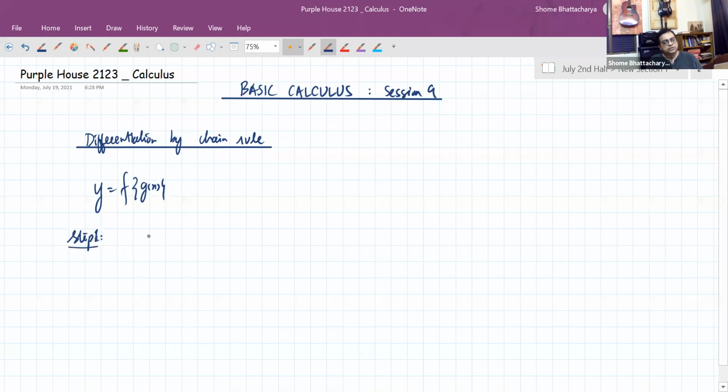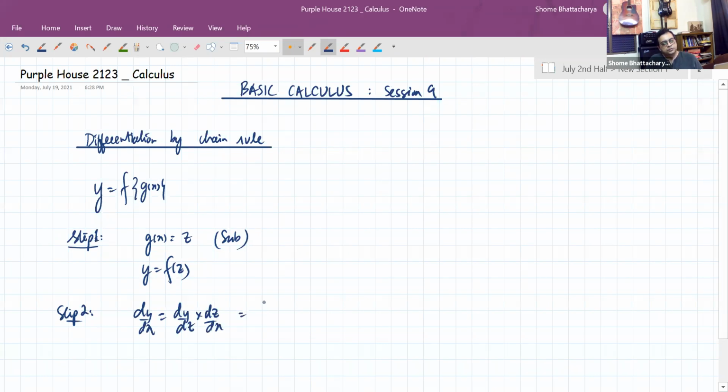So the first step that we do is we substitute gx as a dummy variable. So y becomes f of z. Then the second step is we use the chain rule. And the final step, this becomes derivative of f applied on gx multiplied by g prime x.